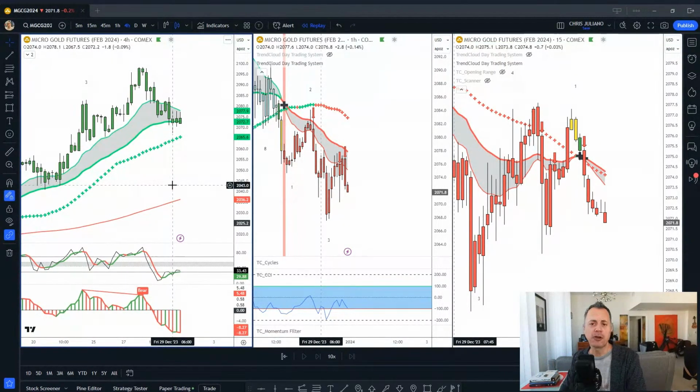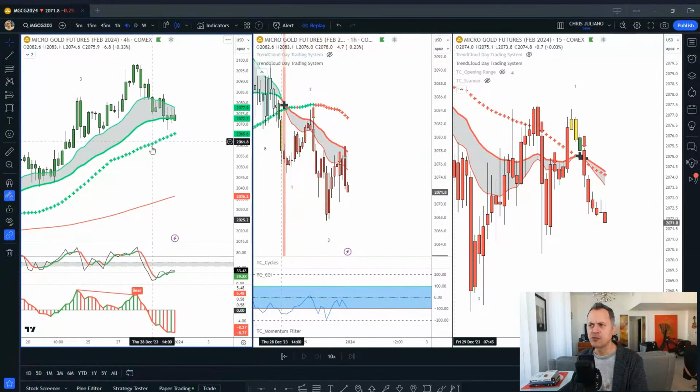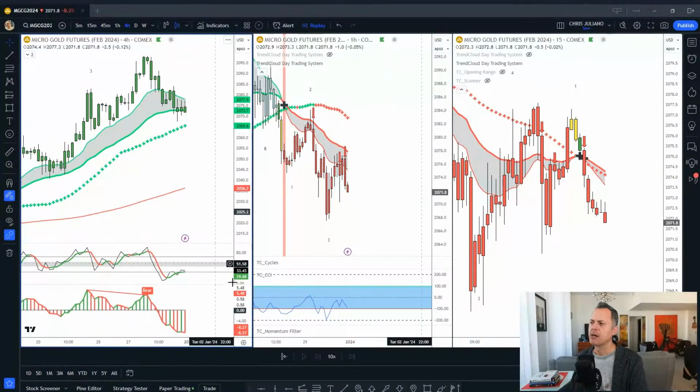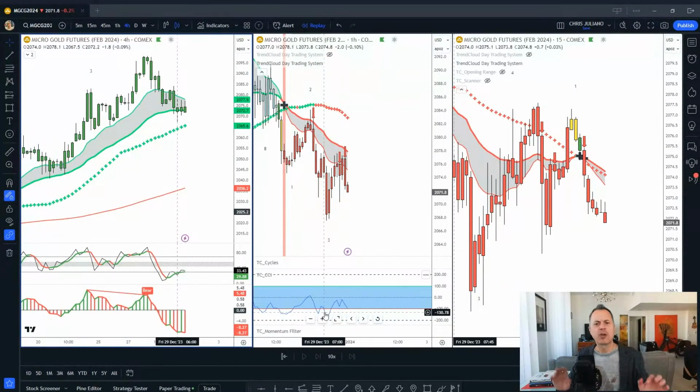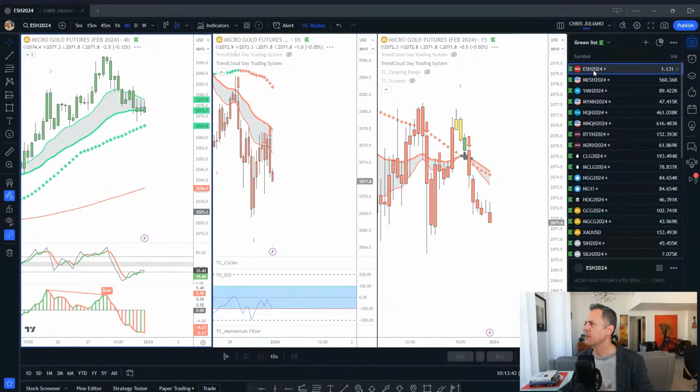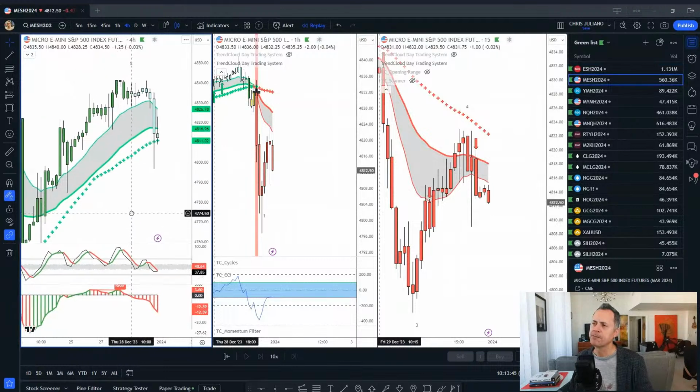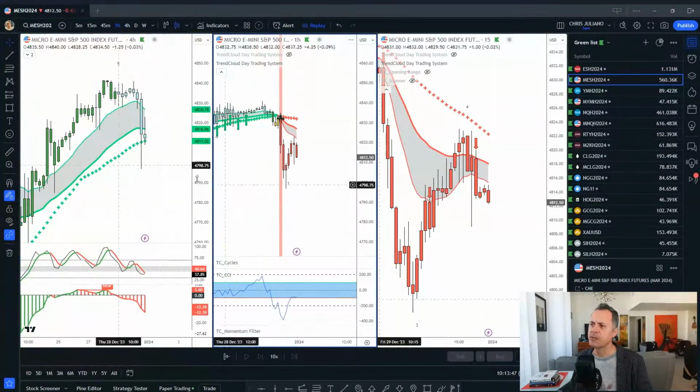So that you can look at your charts and easily say, oh, okay, well, we've got an uptrend on gold, but momentum is down. No trade. Walk away, right? Very easy. Let's look at the micro S&P. Okay, micro S&P here.